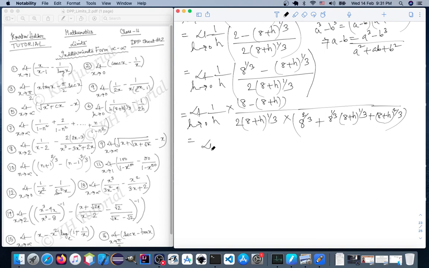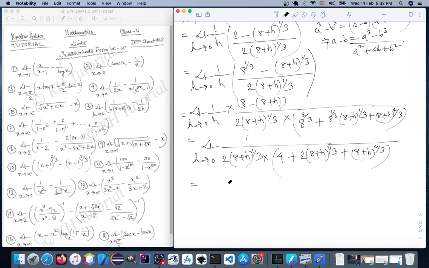So it becomes limit h tends to 0. Basically we are having this thing, 8 to the power 2 by 3 is 4, plus 2 into this thing, and so we can now directly put the value of h as 0.